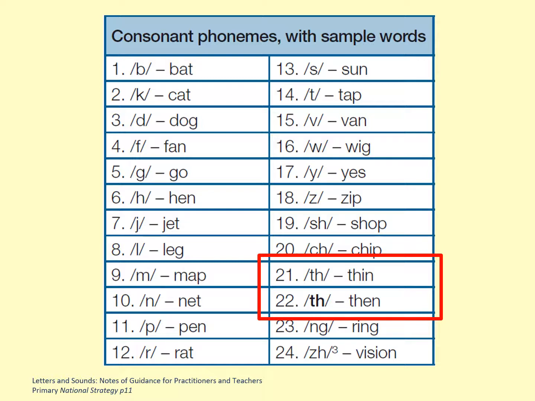But if we look at the emboldened version and say "then", the sound you are making, you have got the air, but you are also using your vocal cords. So the difference between th and v is that you are using your voice as well as the air escaping. It's the same as the difference between s and z and p and b.